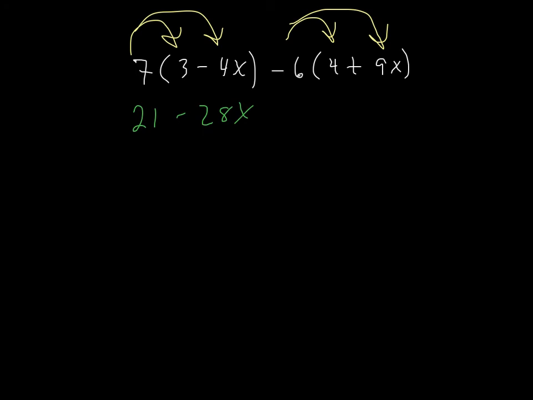Followed by a negative 6 times a positive 4 is negative 24. And negative 6 times a positive 9 is a negative 54x. Sorry about that, negative 6 times 9x. And then we have the same situation here. So we have our negative 82x minus 3.